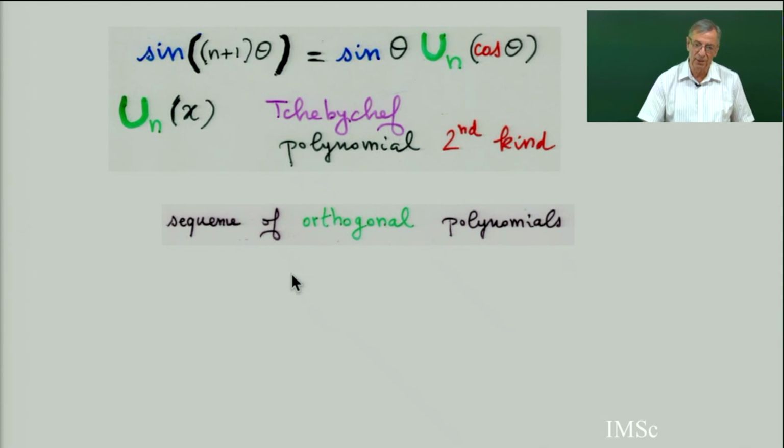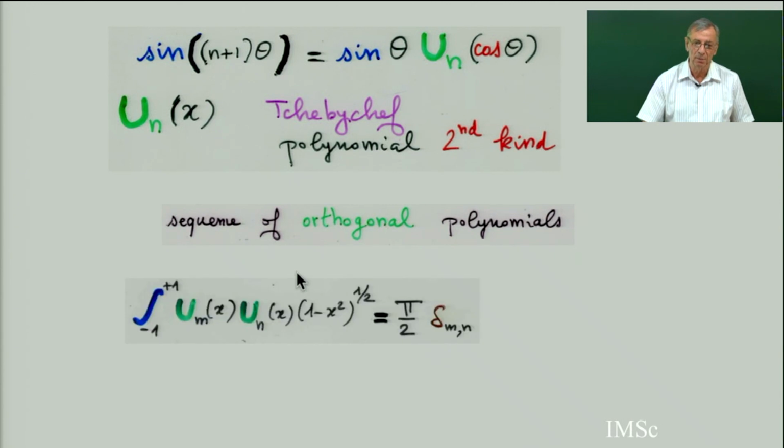If I take orthogonal in the sense of classical analysis, it means that for this integral, with this measure, this is a scalar product of 2 polynomials, and this will be 0 if m is different from n, and if m equals n, then this will be non-zero. It will be π/2. This is a Kronecker symbol. So this is the classical definition of a sequence of orthogonal polynomials.